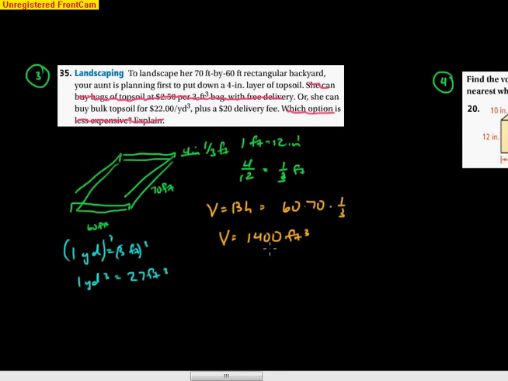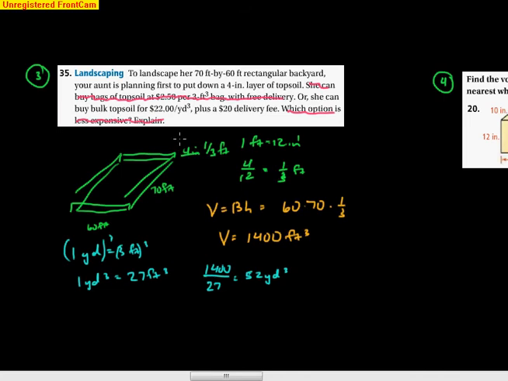So to convert from feet cubed to yards cubed, I take 1,400 and divide it by 27, and I get 52 yards cubed. And that's how many yards cubed of topsoil I need.